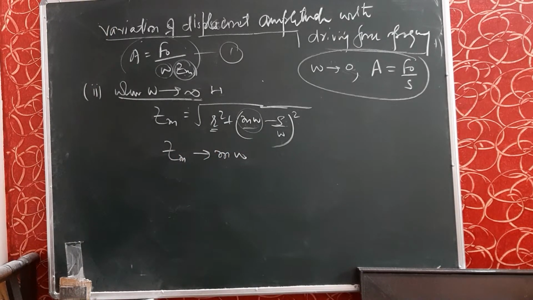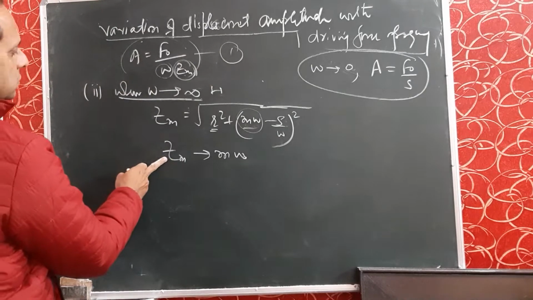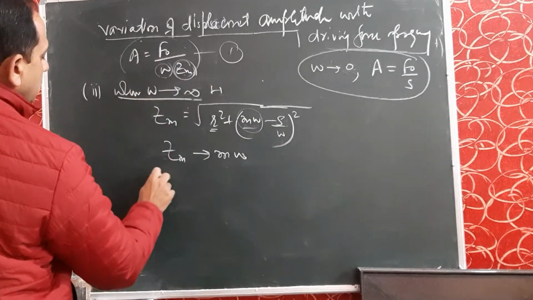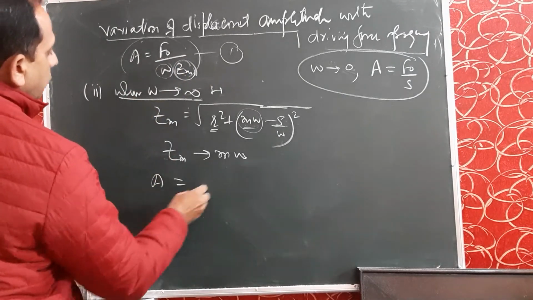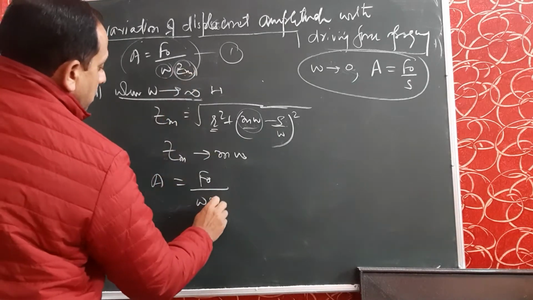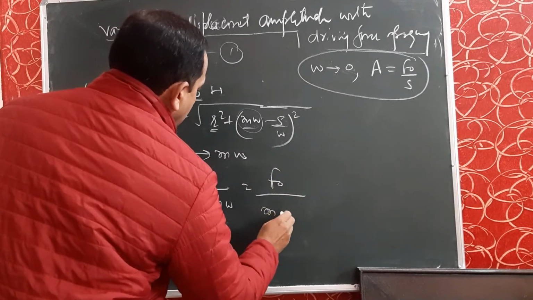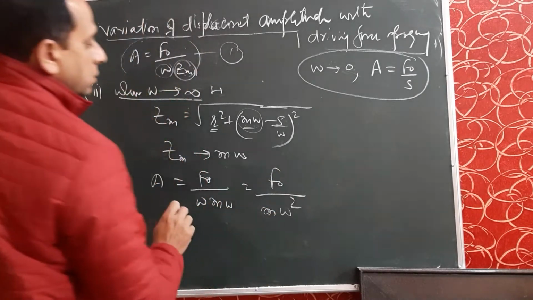Is it clear? So Zm becomes m omega. Put this value of Zm in the first equation, and A becomes f naught upon omega into Zm. Zm means m omega, so ultimately it is f naught upon m omega square.